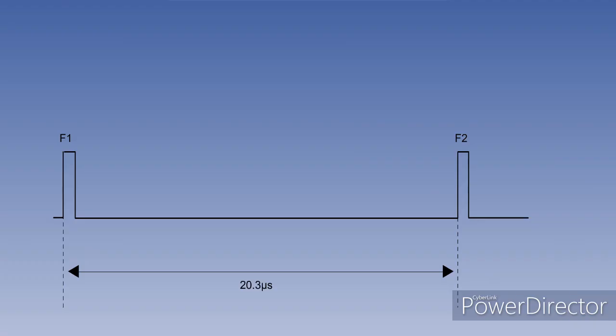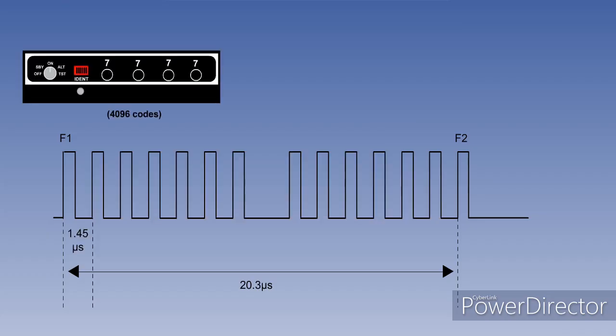On receiving a valid interrogation, the aircraft transponder transmits 2 framing pulses, F1 and F2, which are 20.3 microseconds apart. Between the framing pulses, there are up to 12 usable information pulses, with a permutation total of 4,096 codes.